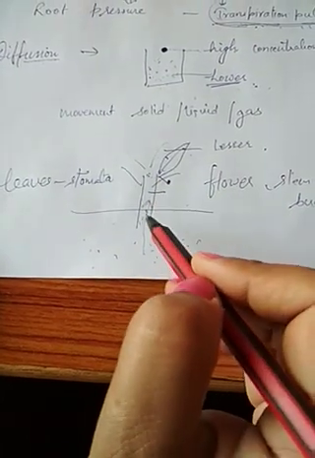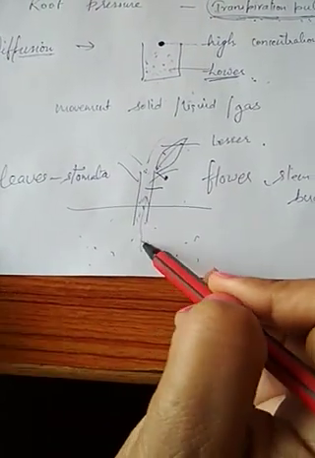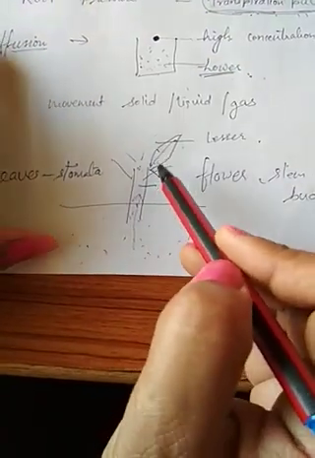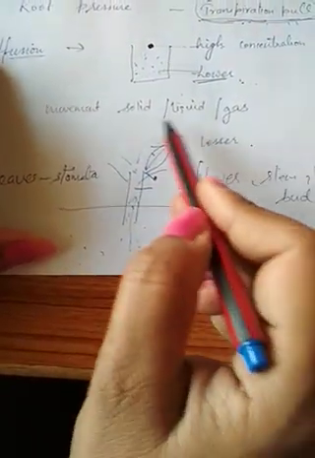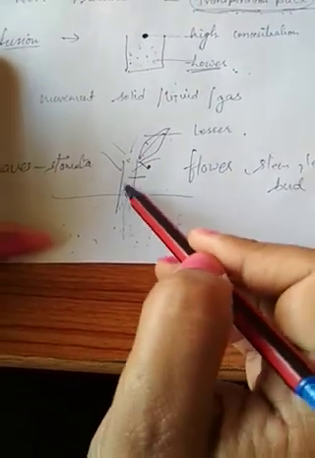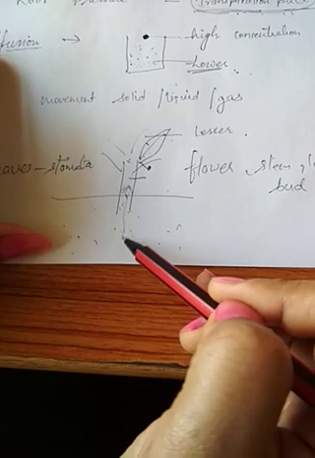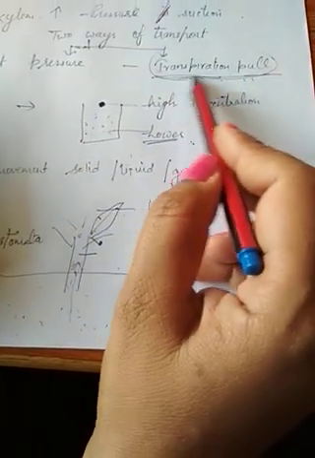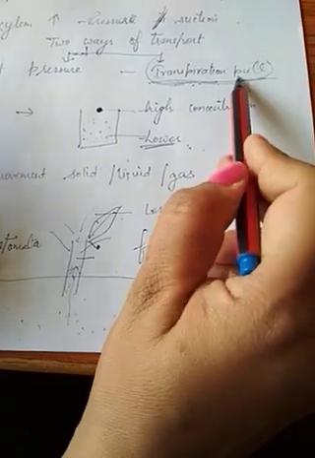So the suction developing because of the evaporation occurring in the aerial parts of the plant pulls water from the root, and the water moves upward. That is called transpiration pull.